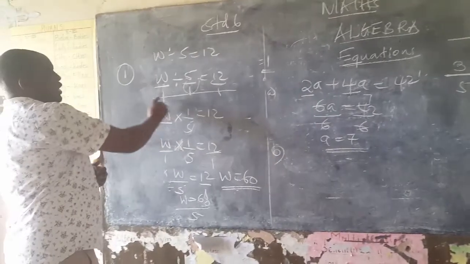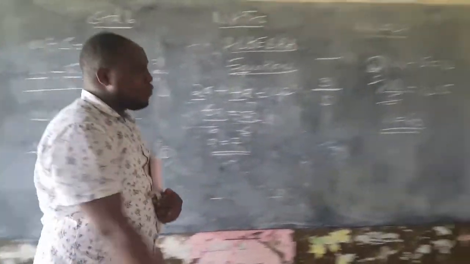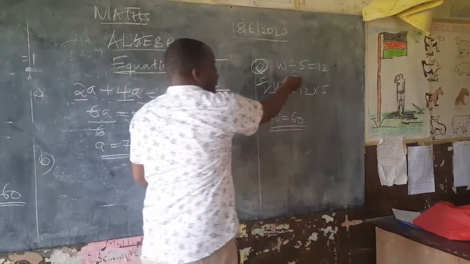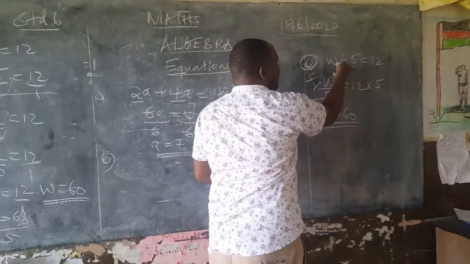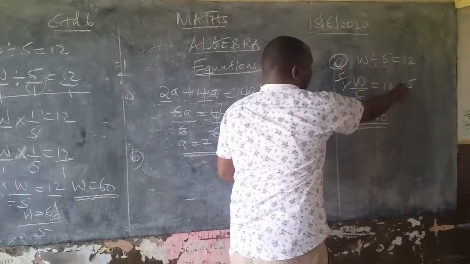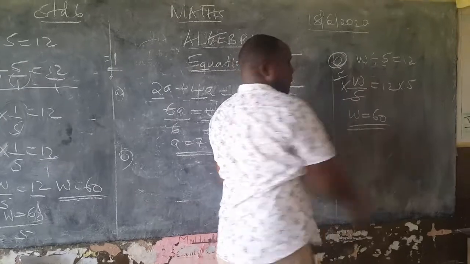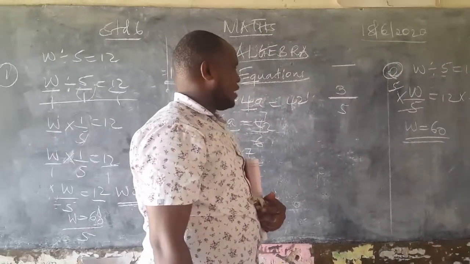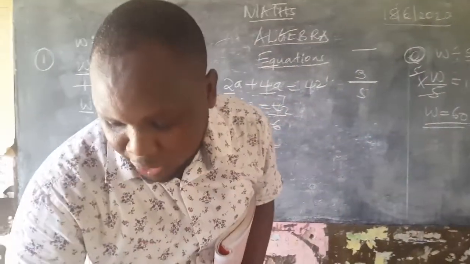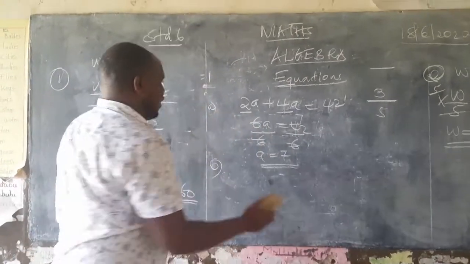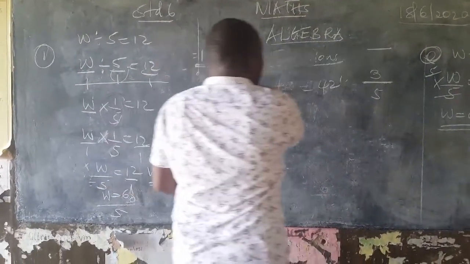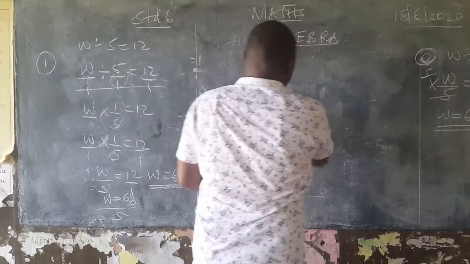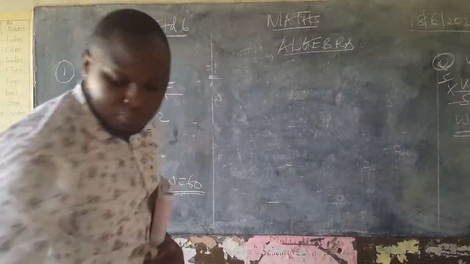Either you use the LCM way, or you move again and, without looking for the reciprocal, you just write this as W over 5 and then multiply both sides by the LCM, which is 5, and get your answer. Let me do a final one of that nature so that I can give you at least a few questions that you'll be able to try.